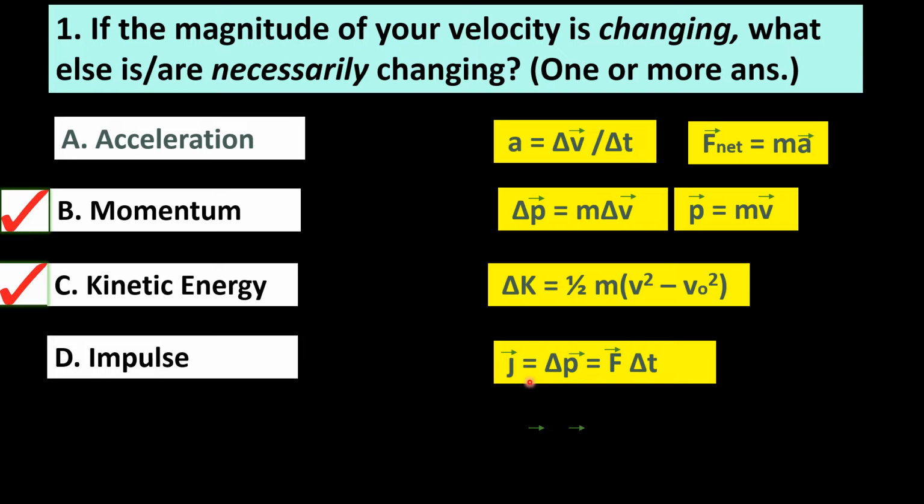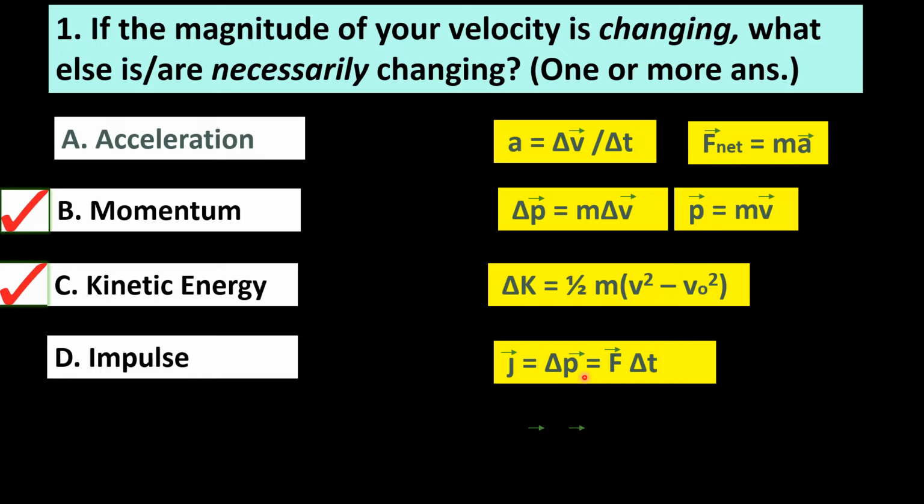It is because an impulse, J, the symbol for impulse, is imparted on that body, which is the product of the net force and the time of interaction. That causes the body to accelerate, or to undergo a change in speed or velocity, and hence a change in momentum delta P.